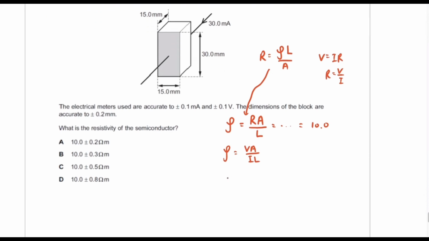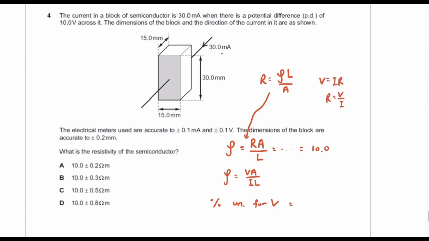Now, percentage uncertainty for V. We have 0.1 divided by 10.0 volt times 100, which is 1%.